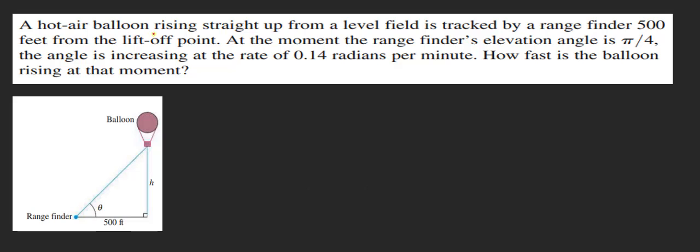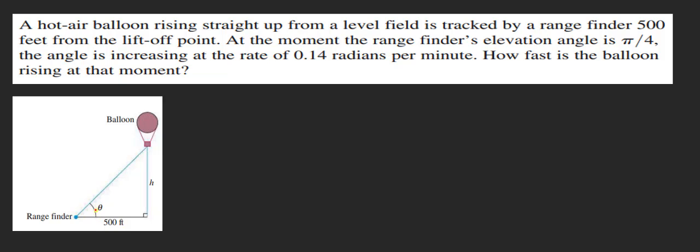A hot air balloon rising straight up from a level field is tracked by a rangefinder 500 feet from the lift-off point. So here's the lift-off point, and here's the rangefinder, which is 500 feet away from the lift-off point. At the moment, the rangefinder's elevation angle is pi over 4.